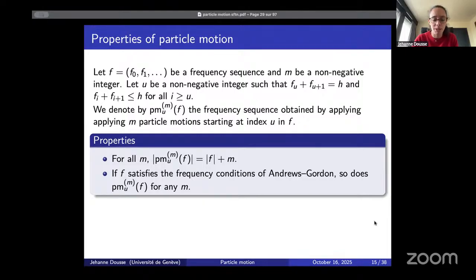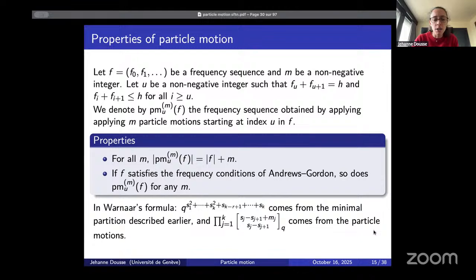So if it satisfies the conditions of Andrews-Gordon, which was exactly of that shape, then it will still satisfy it after applying particle motions. Okay, so in Werner's formula, we said that the minimal partition that I mentioned before was coming from this, and this product of q-binomial coefficients was coming from the particle motion.